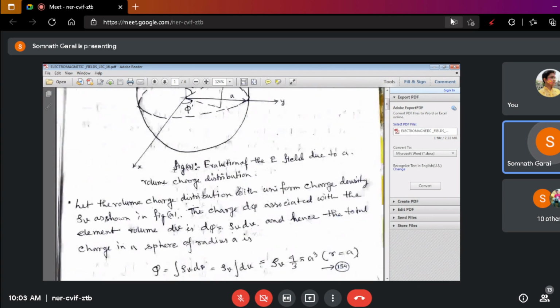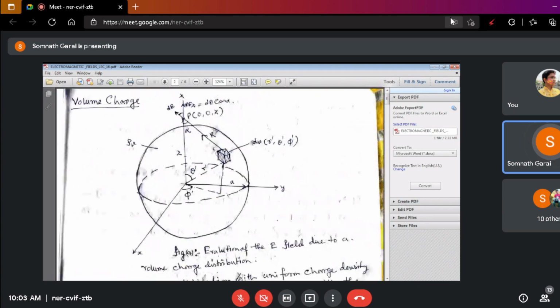This capital R is the vector distance of the point and the volume. So here this capital R and this small r dot is the variable. So we have to convert this theta and alpha with respect to capital R and small r dot.